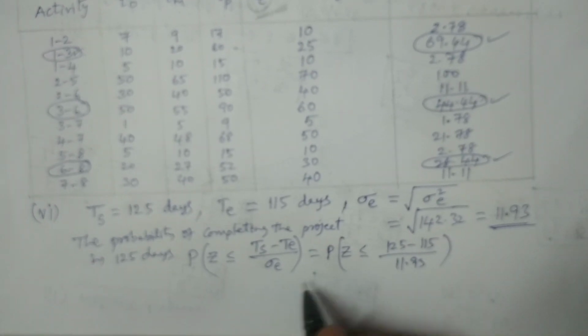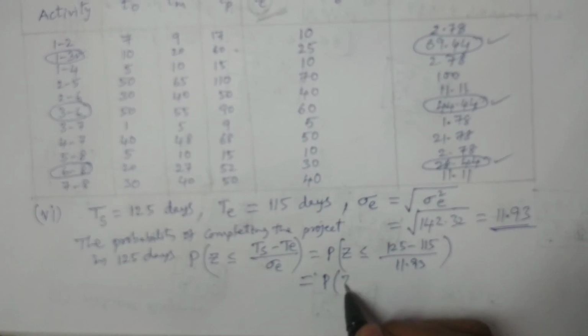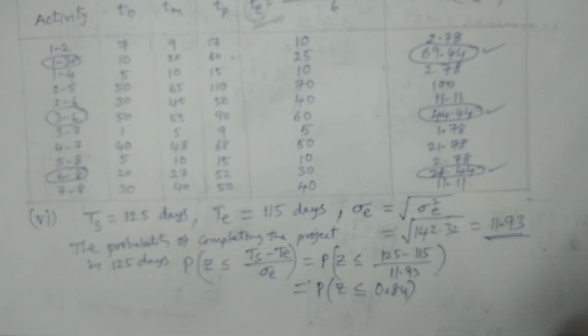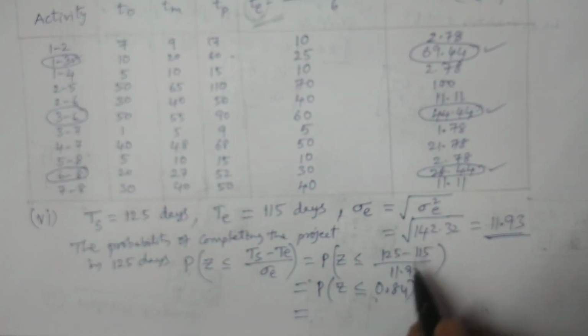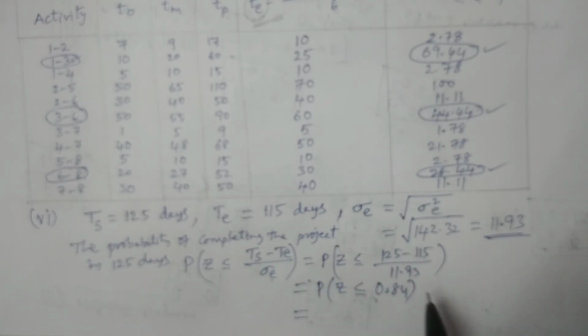For this you have to use the normal probability law, and this value is 0.84. Ts minus Te divided by sigma E is a standard normal variate, and by referring to the areas property of the normal distribution, we can obtain this probability for the value 0.84 from the standard normal distribution tables.